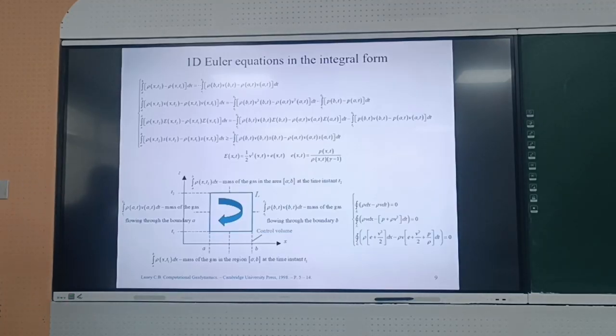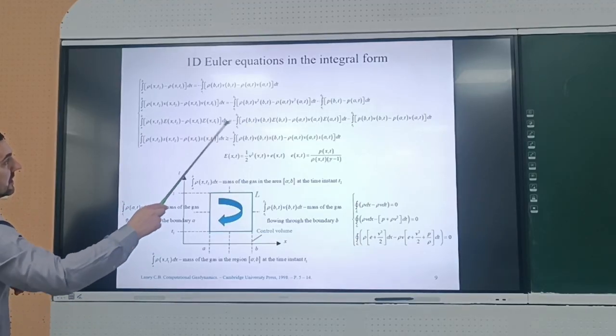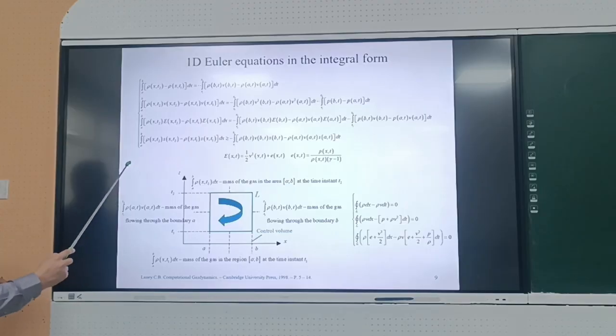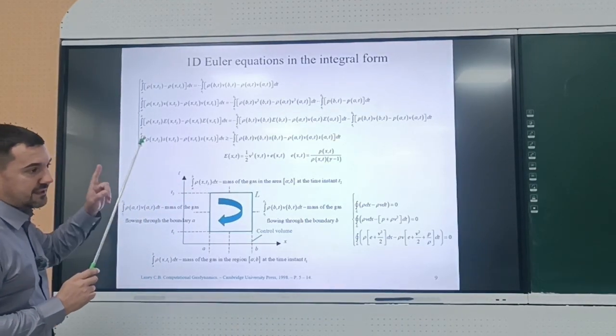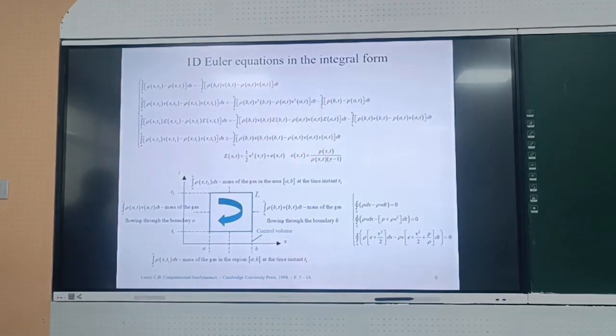I'd like to remind you that many times we have already written this integral form of Euler equations: mass conservation, momentum conservation, energy conservation law, and what's very important, the entropy inequality. For this topic, the existence of this entropy inequality is of great importance.